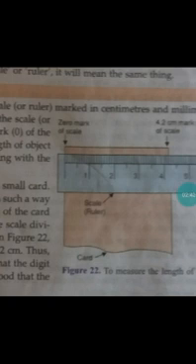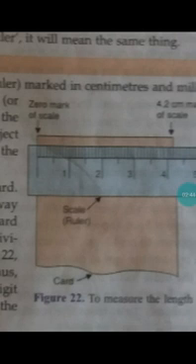This right end is the right end of the object. When the marked scale coincides with the right end, we get the correct reading. Right students?